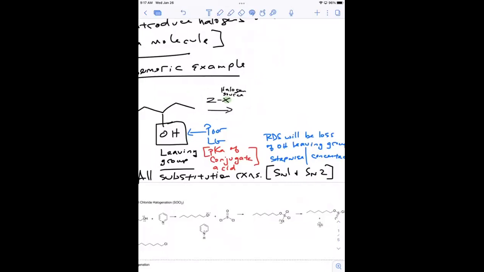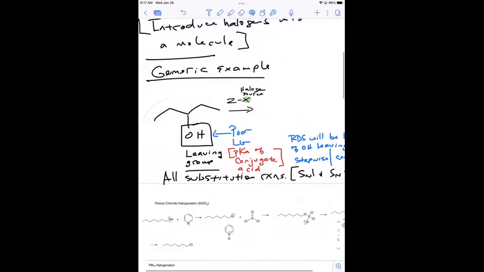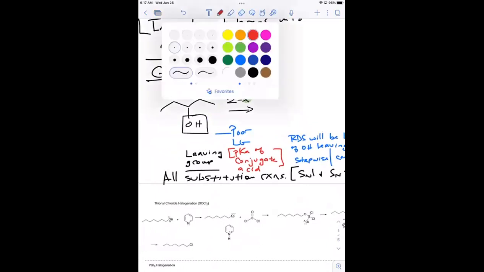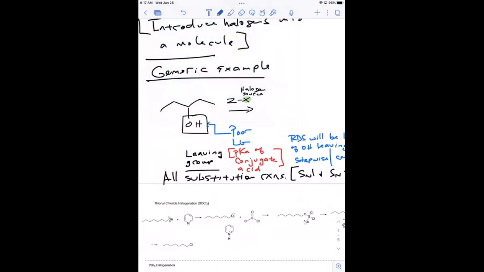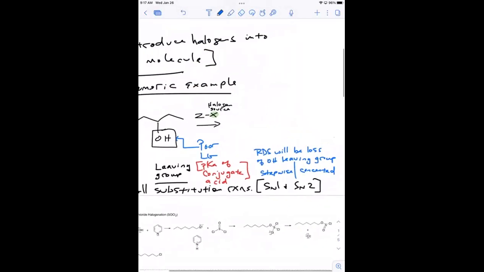aspects of these reactions. Right, so we treat it with a halogen source, and then we're going to get some intermediate in here where the OH group is going to be converted into a better leaving group.